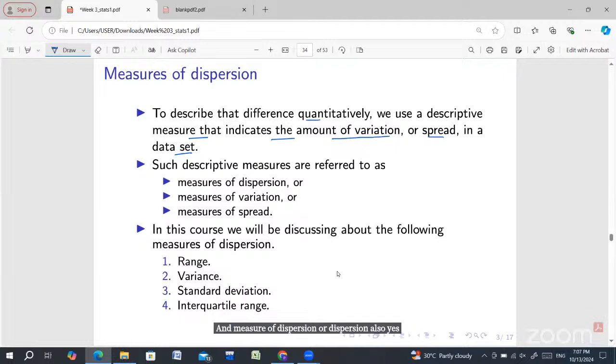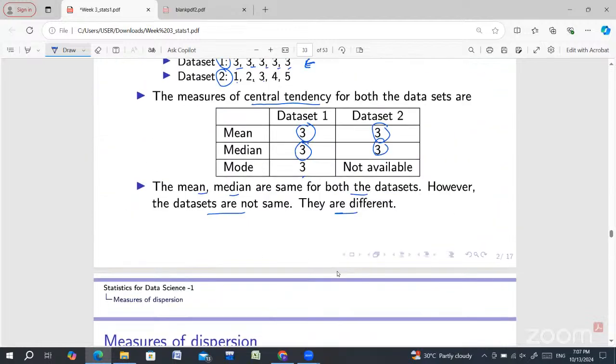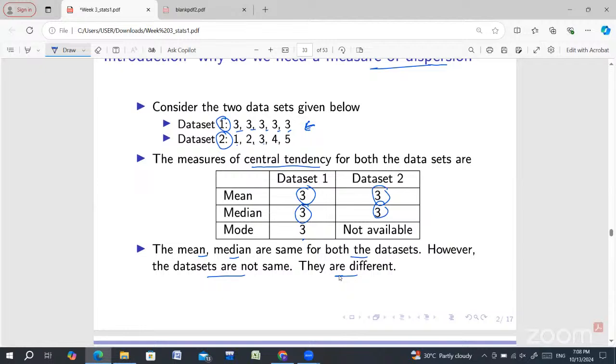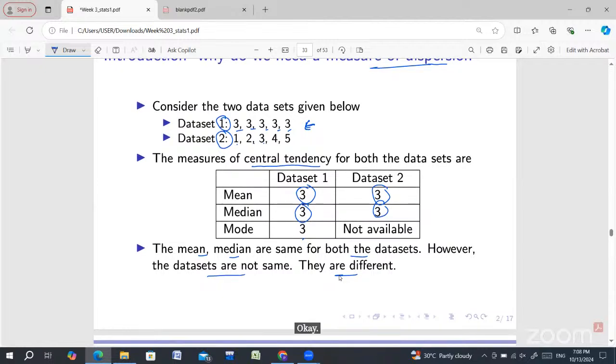Can you explain the previous slide? See, there are two data sets given. For both data sets, we have calculated mean, median, and mode. You can see the mean is the same for both data sets, and the median is also the same for both. Here the mode is 3, but for the second data set, the mode is not available.